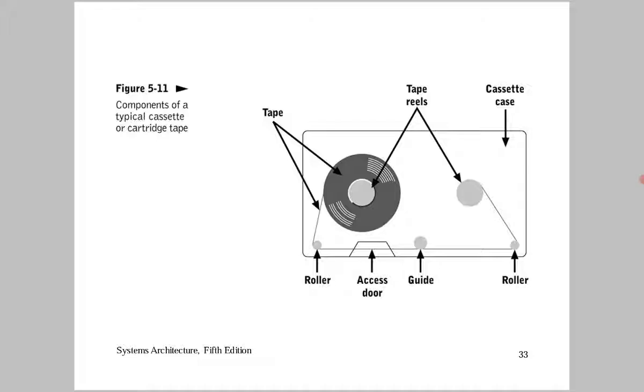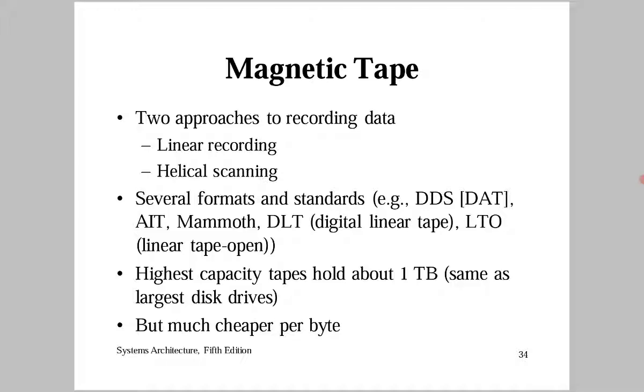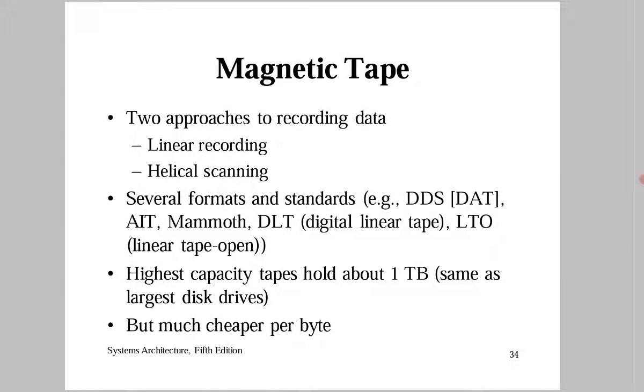This cartridge drive is the simple example of how magnetic tapes are used. So, two approaches to recording data. Generally in magnetic tapes, data is recorded in two ways: linear recording and helical recording. The maximum capacity of magnetic tapes is generally 1 TB, but they are very cheap, means low cost.